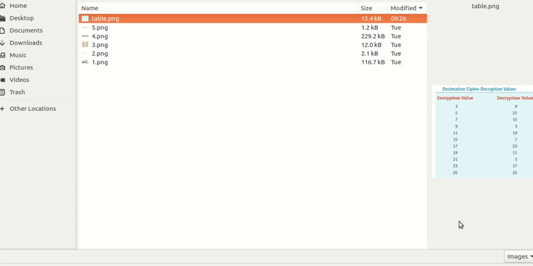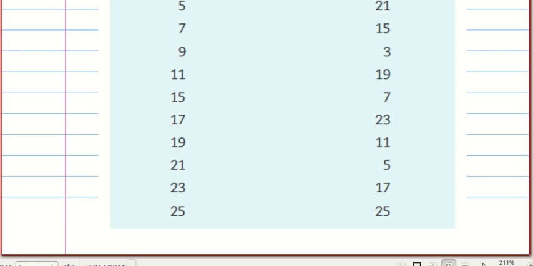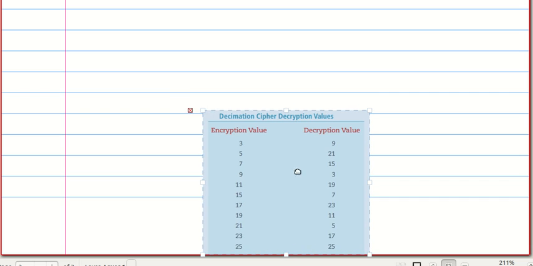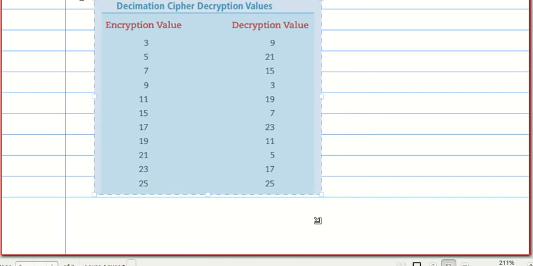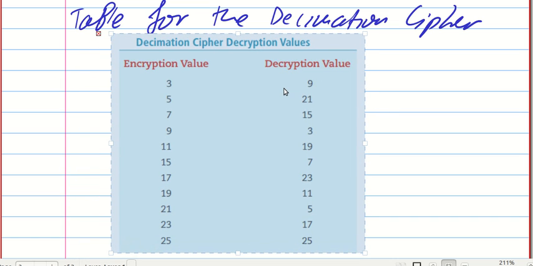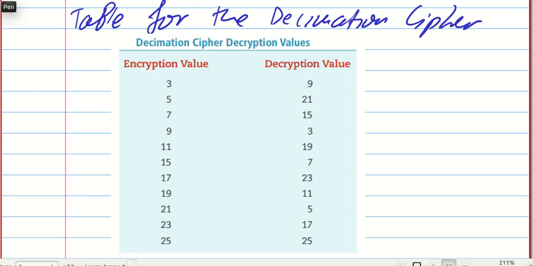All right, so this is a table for the decimation cipher. So this is encryption value k, this is decryption value j over here, and you can see for 5 it's going to be 21.